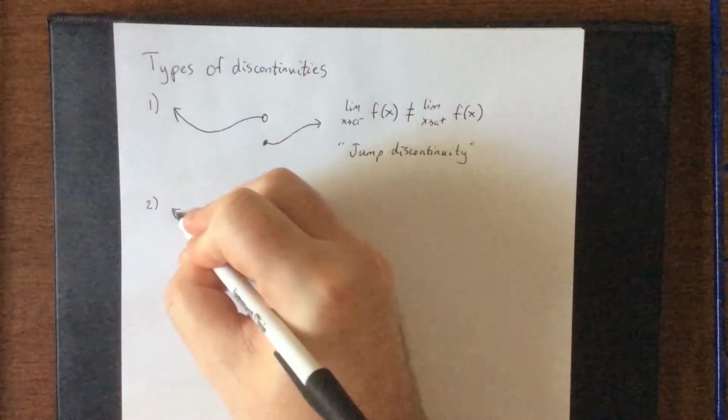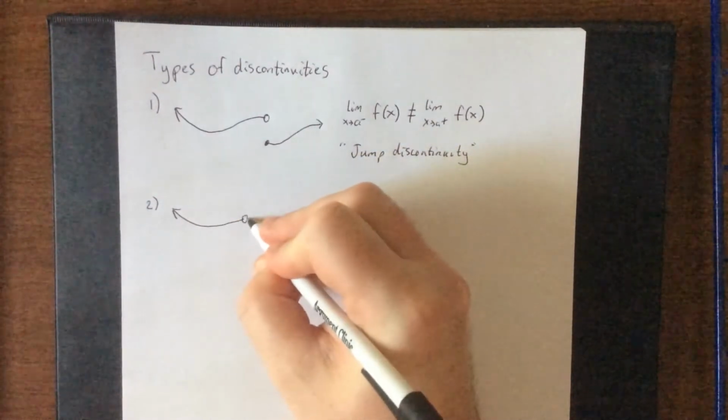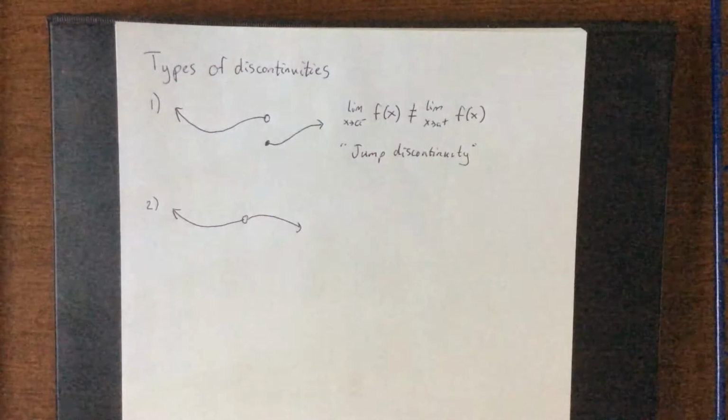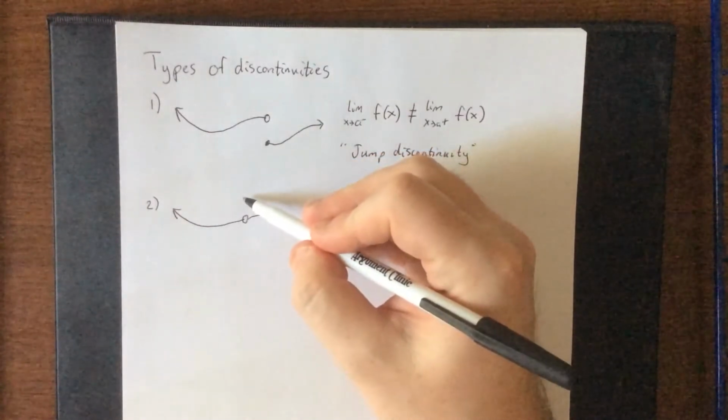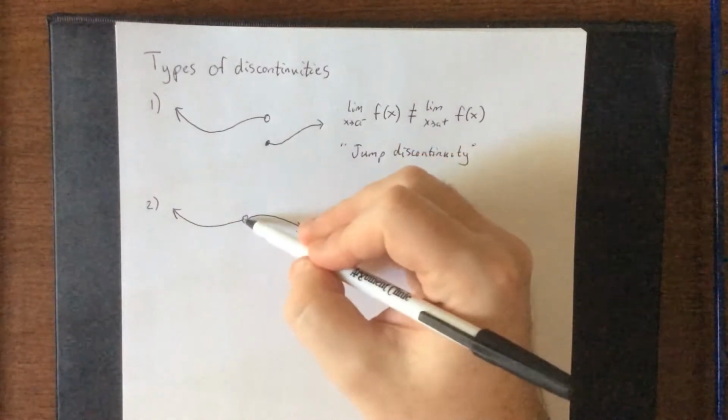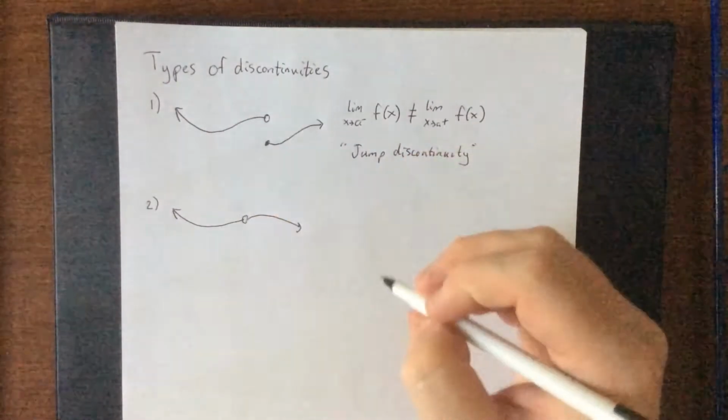Second possibility happens when there is a hole in your graph and the left-hand limit and right-hand limit are equal to each other, but the value of the function is either not defined or it's not equal to what y value you have at the hole.